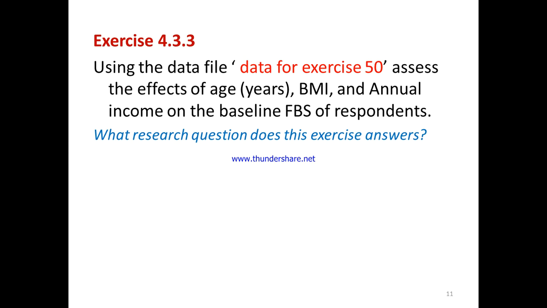In terms of a research objective, you can put it like this, for example: to identify the effect of age, BMI, and annual income on fasting blood sugar, or to examine to what extent age, BMI, and annual income affect the fasting blood sugar of a respondent. These are some of the research questions addressed by this.